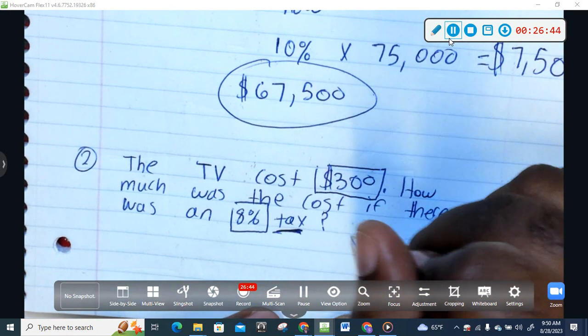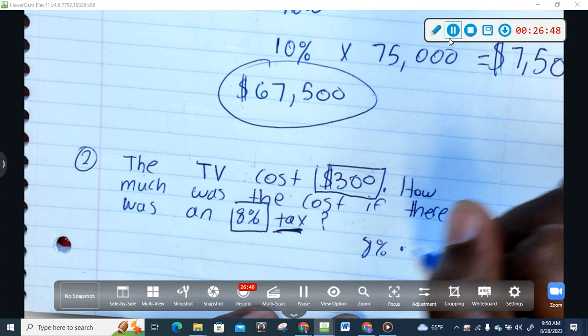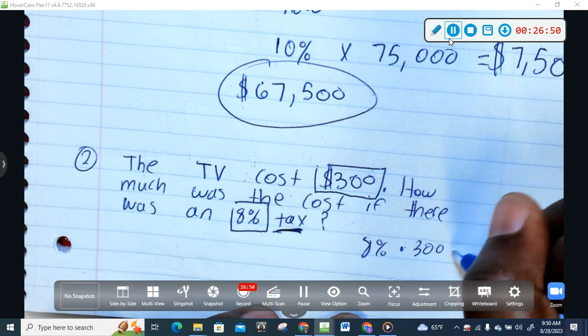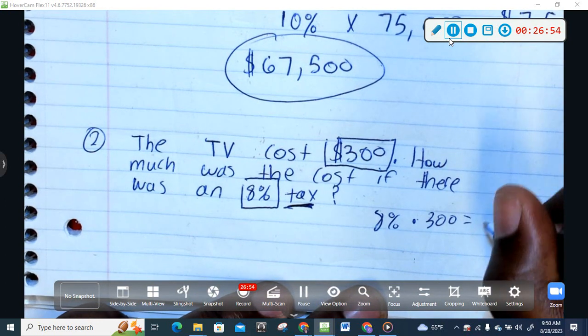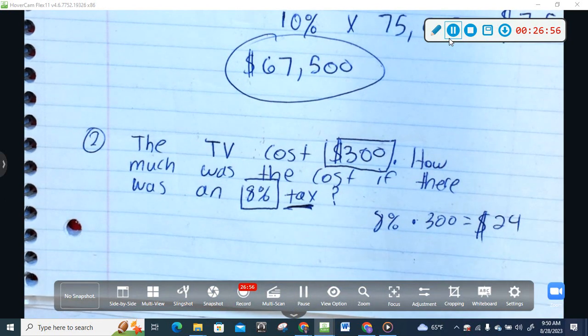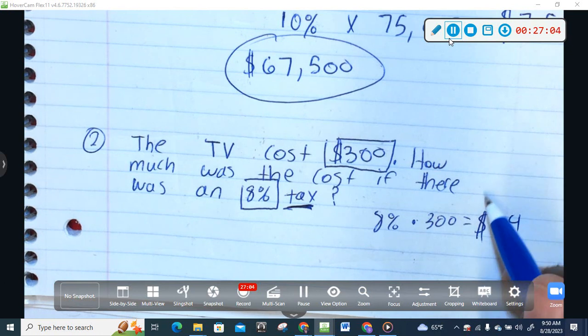So I just got 8% times 300, and that equals $24. Now if the question was simply, how much did I pay in taxes? This is my answer. If they ask me how much was the tax, this is my answer.